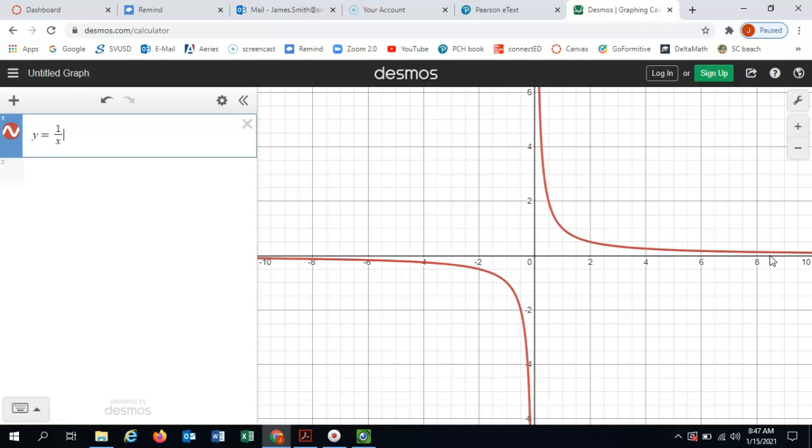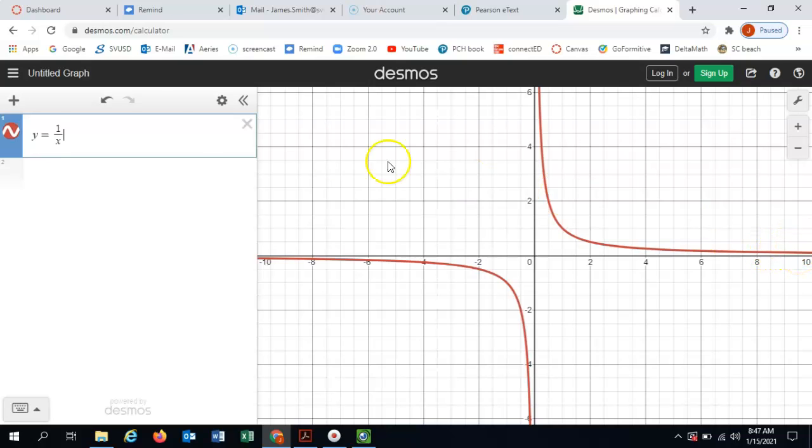The graph is approaching the x-axis, or in other words, it's approaching 0, right? So what we are looking at is, as I approach infinity, or as my numbers get bigger and bigger, what are my results approaching? My results, my graph, is approaching 0, right?